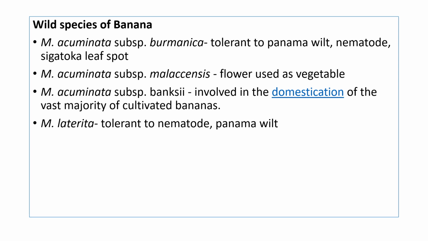It is also termed as wild Malaysian banana or true apple banana. The next is Musa acuminata subspecies banksii. It is involved in the domestication of the vast majority of cultivated bananas. Then Musa laterita. It is tolerant to nematode and Panama wilt.